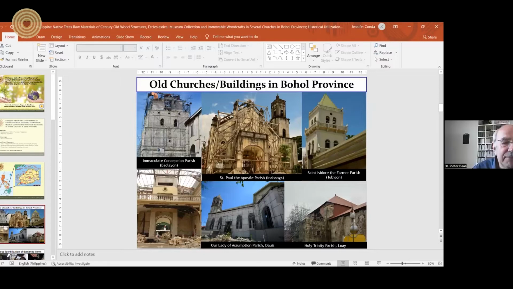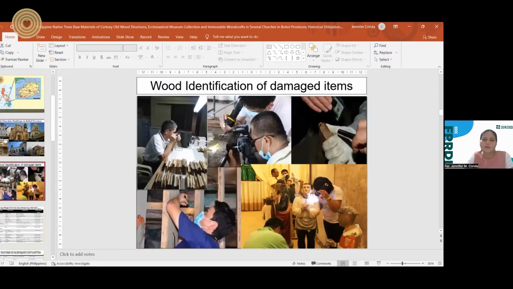First is the Immaculate Conception Parish, Tambaclayon, and then St. Paul the Apostle Parish in Nabanga, St. Isidore the Farmer Parish in Tubigon, the Holy Trinity Parish in Laway, and lastly, Our Lady of Assumption Parish in Dawis.